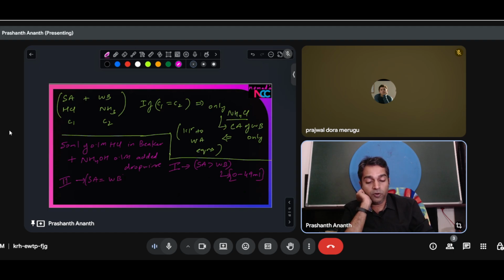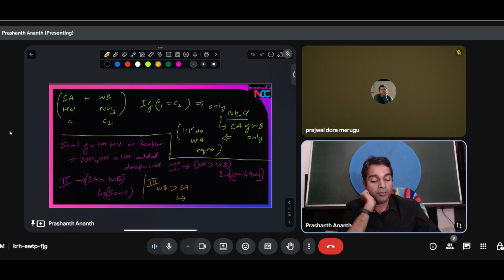This is the case which we have just seen above, where you have only 50 ml perfectly. The last one is case 3, where you have weak base greater than strong acid. This is your scenario where you have greater than, let's make it 51 ml plus plus. It is inclusive of this 51 ml boundary here.